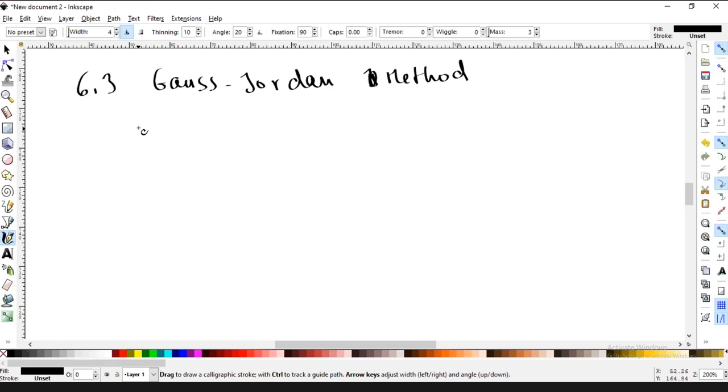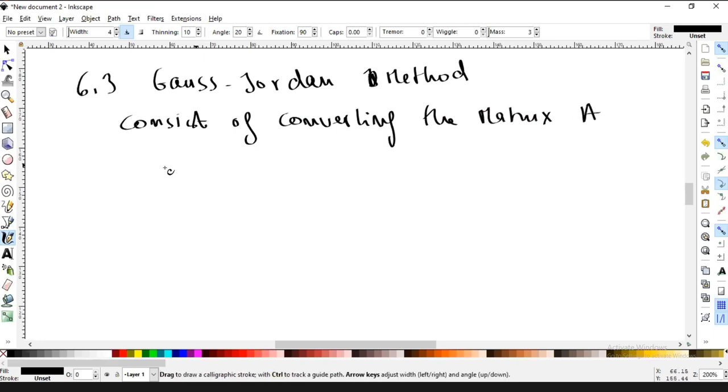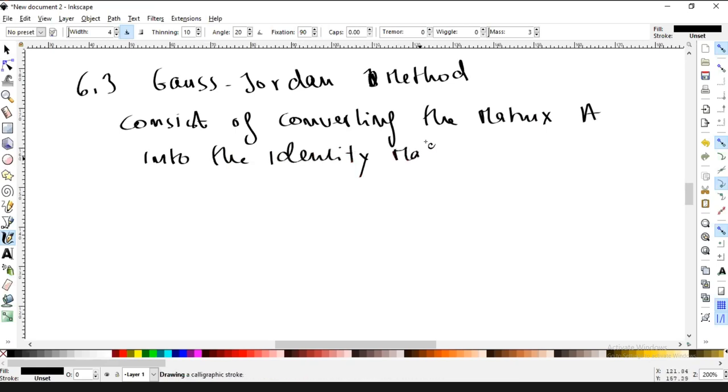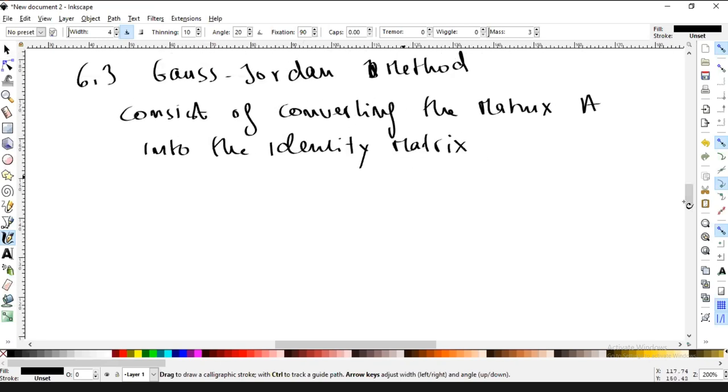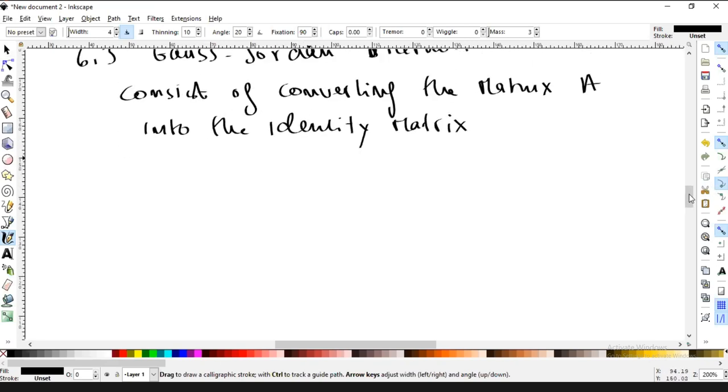The Gauss-Jordan method consists of converting the matrix into the identity matrix, and then you get immediately the solution for each x.